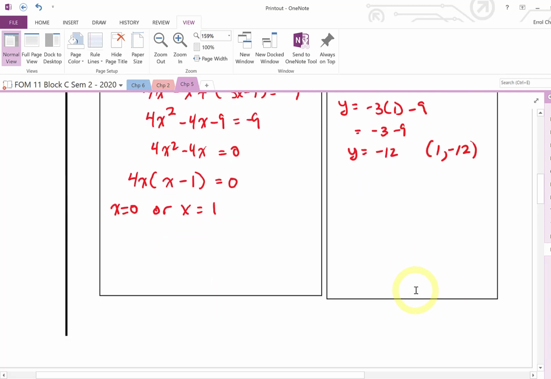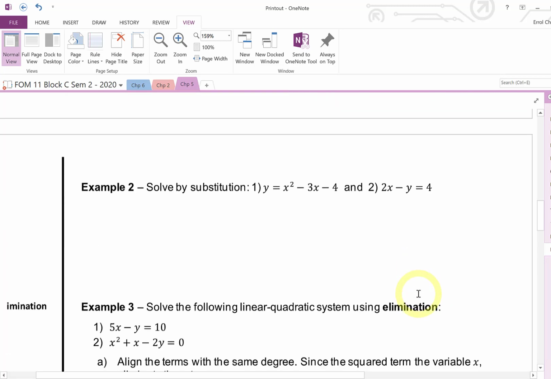All right, moving on to the next example. It says here solve by substitution. Here we have a quadratic, and here we have a linear equation. So I'm going to substitute the linear equation into my quadratic. So here's my equation number 2. y equals 2x minus 4. And then I'm going to show that equation number 2 gets substituted in equation number 1.